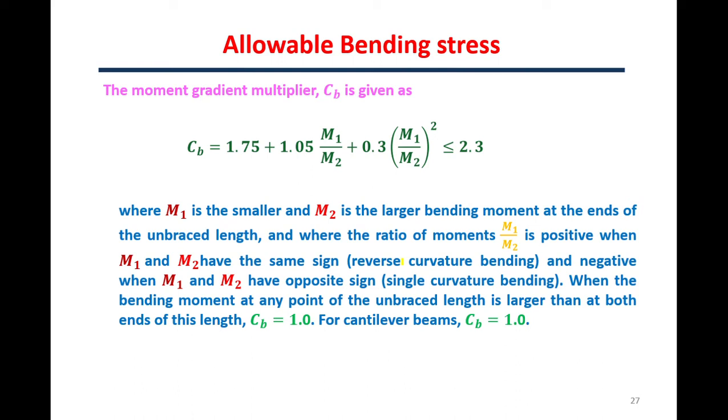The ratio of the moments M1 and M2 is positive when M1 and M2 have the same sign, reverse curvature bending. They are negative if their signs are opposite, so that is single curvature bending. When the bending moment at any point of the unbraced length is larger than at both ends of the length, we can use 1 for CB. And for cantilever beams, we use CB equal to 1.